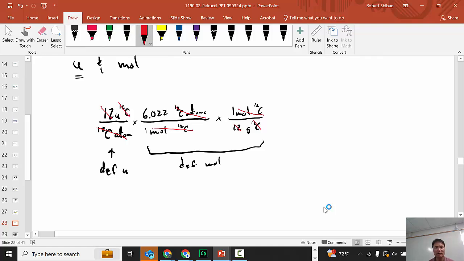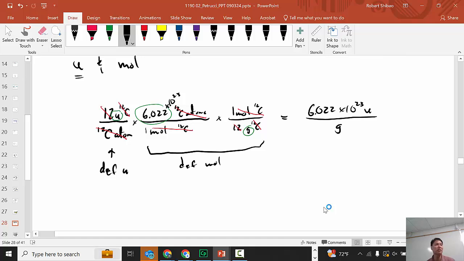And so now carbon-12 is eliminated from this. And all we're left with is U in grams and 6.022 times 10 to the 23rd. Oops, I forgot that. So 1 gram is equivalent to 6.022 times 10 to the 23rd U.